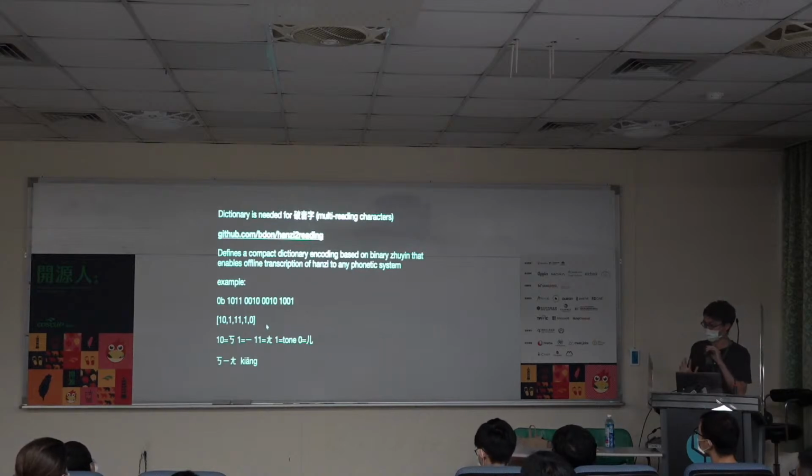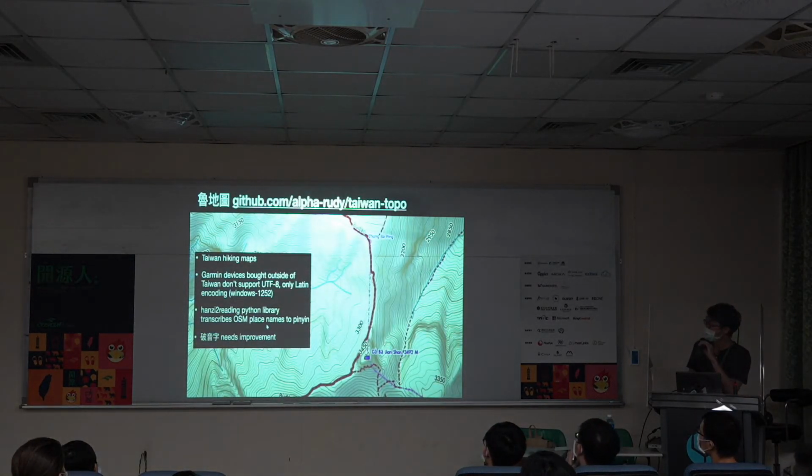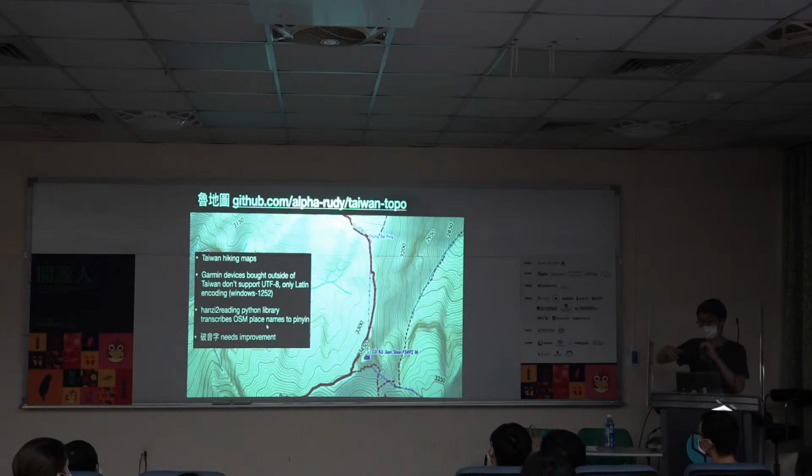It's very much a work in progress, but even things like Ludiku, which is the hiking maps. I think there was a GitHub issue where they discovered that if you buy a Garmin device outside of Asia, it will not support Unicode. It only supports the Latin code page.